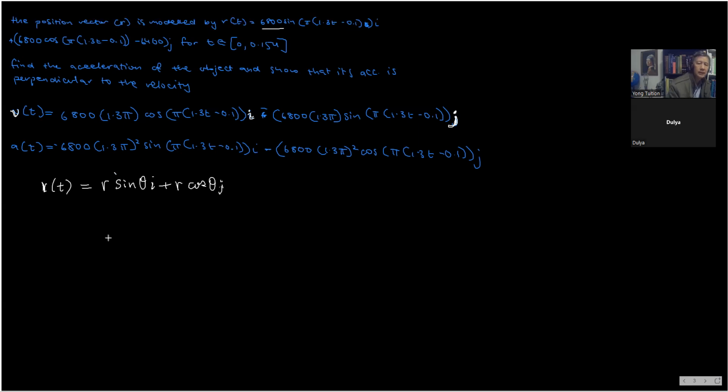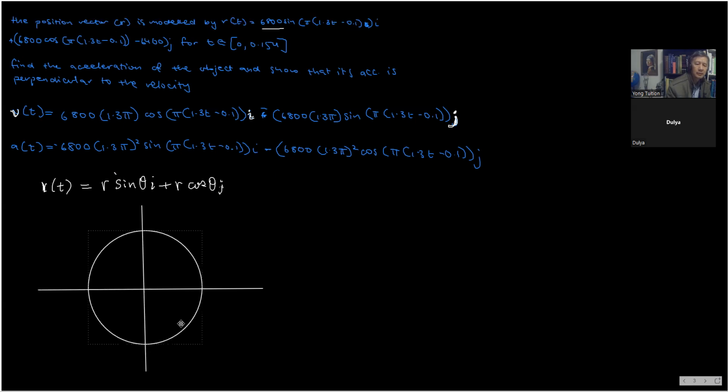So basically let me draw this diagram for you. Yeah, we're dealing with a circular motion. One moment. Circle. So basically what this position vector tells us is that we can choose the R here, can you see?